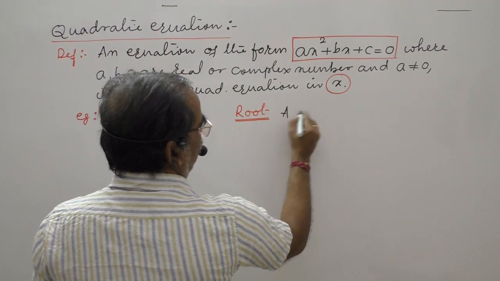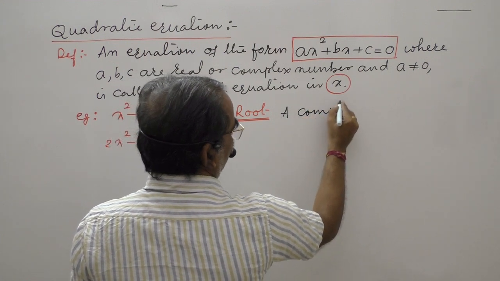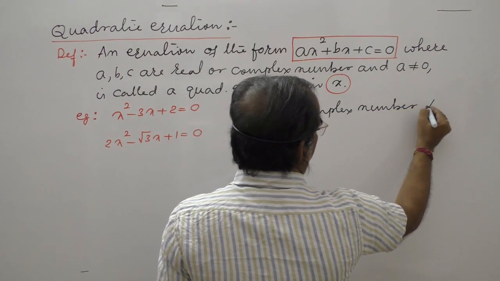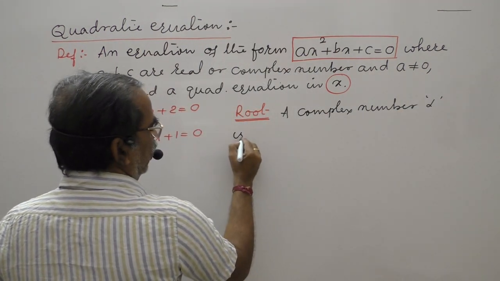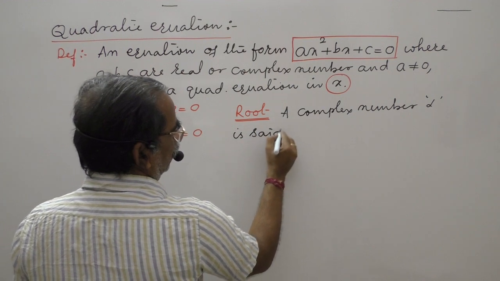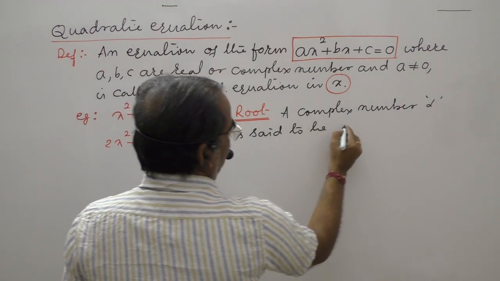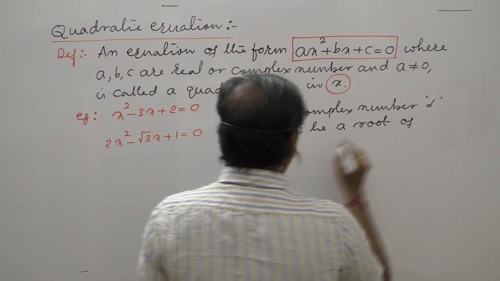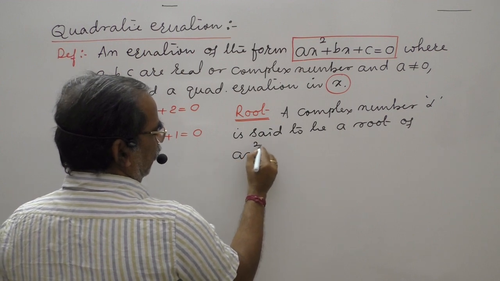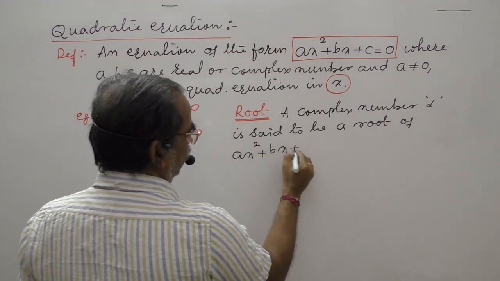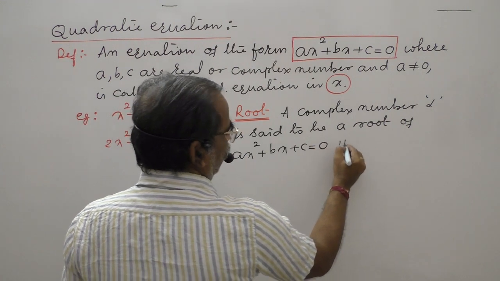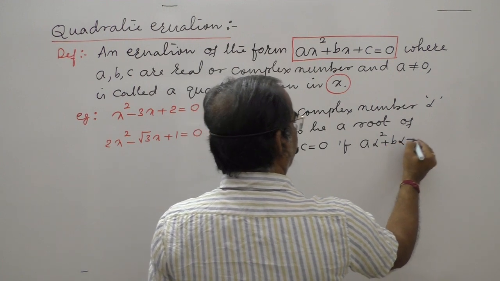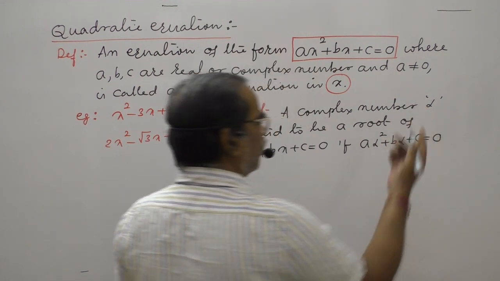See now. A complex number alpha is said to be a root of the quadratic equation ax square plus bx plus c equal to 0 if a alpha square plus b alpha plus c is equal to 0.